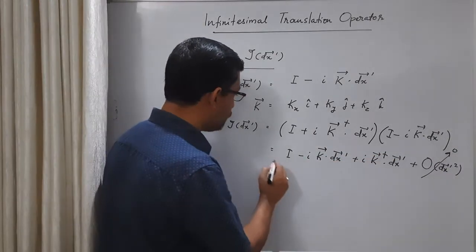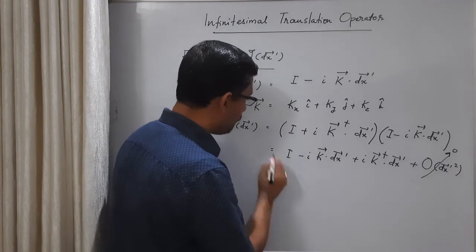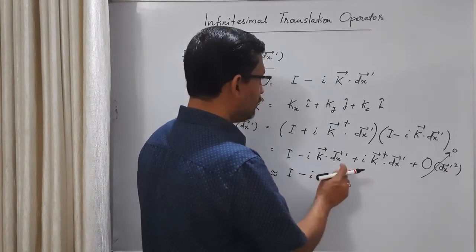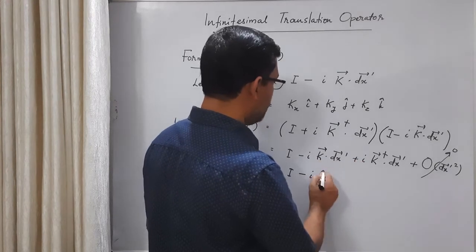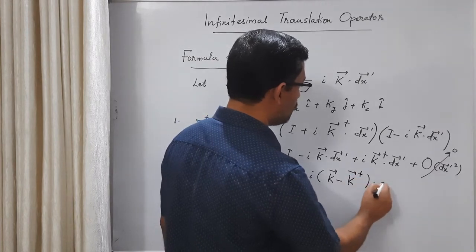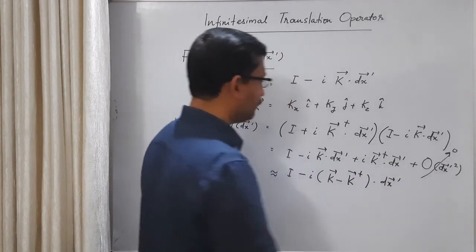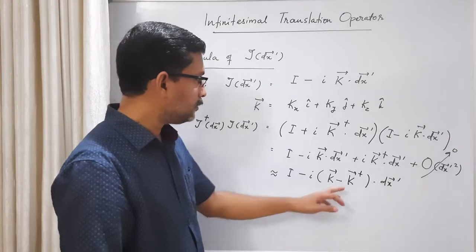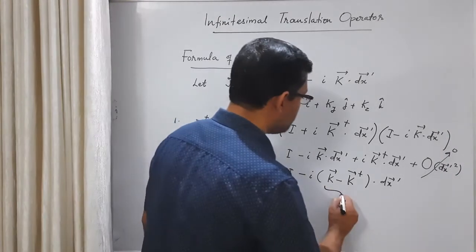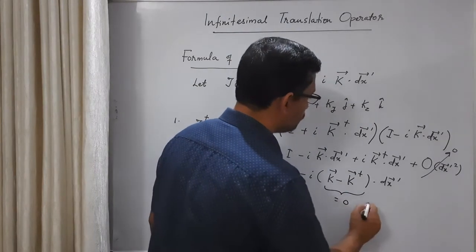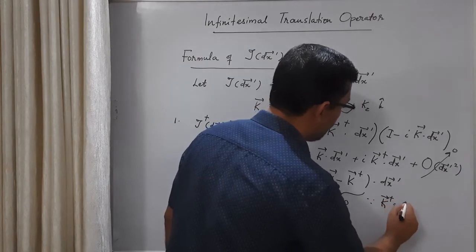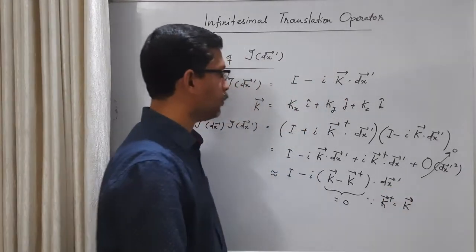Next we put the approximate symbol. This reduces to 1 minus I, and if I take I outside, k minus k dagger dot dx prime. Now, since k is a Hermitian operator, k dagger is equal to k, so this is 0.